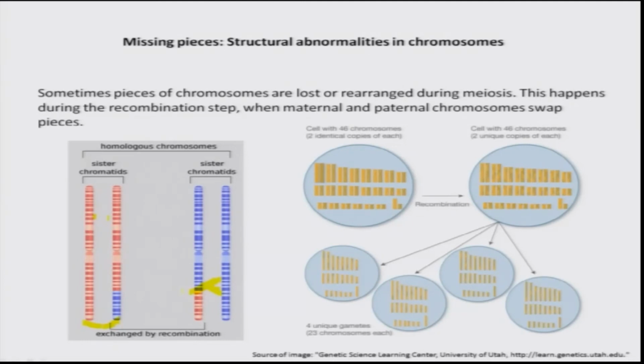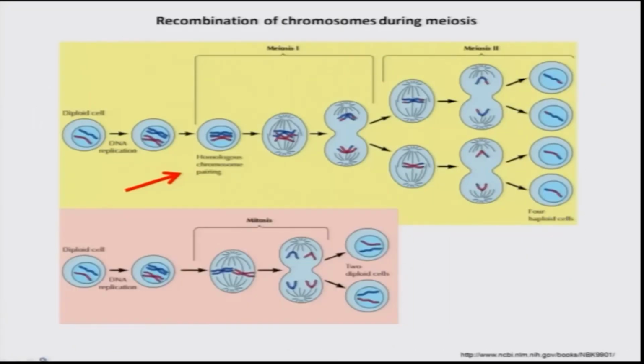When this process happens, at times there are errors wherein two different chromosomes can be fused together, or two different regions of the same chromosome can be fused together, and that may result in conditions where there is no difference in the total number of chromosomes, but the way the given chromosome is organized could be rearranged, right?